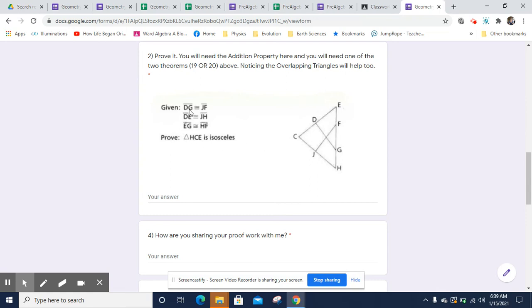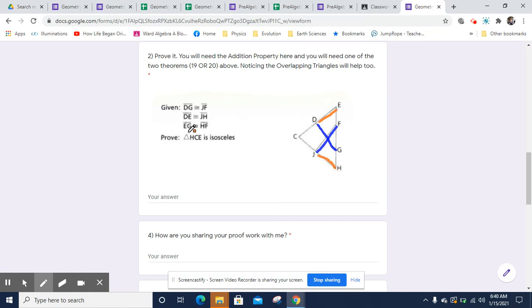So let's deal with the givens. DG is congruent to JF. Let's label those, and I'll color code them. We also know that DE is congruent to JH.